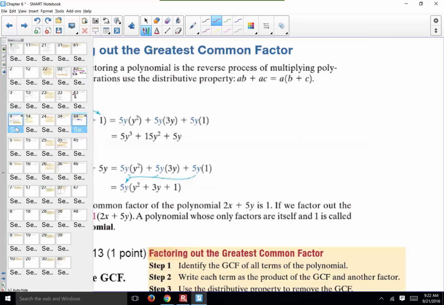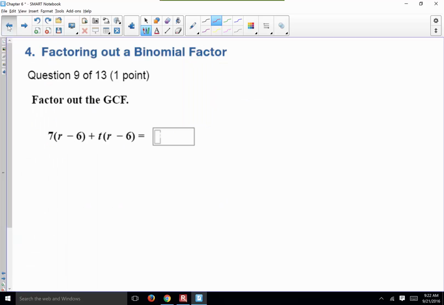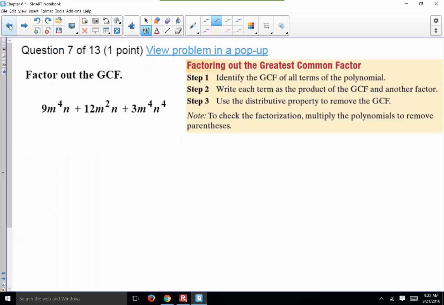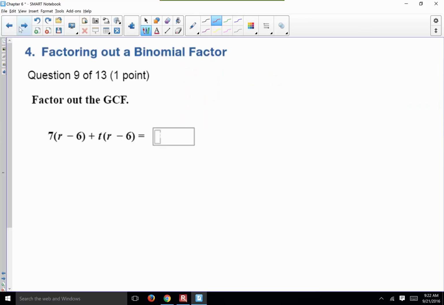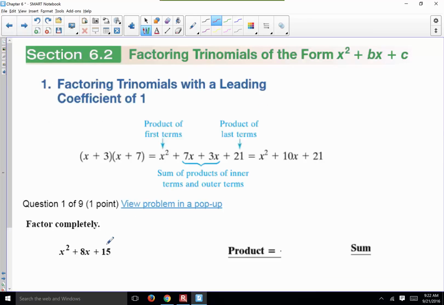This is a question from section, what's that? Yeah, it's a question just like this, section 6.2. It's a factoring trinomial of the form 1x squared and some x's and some number.